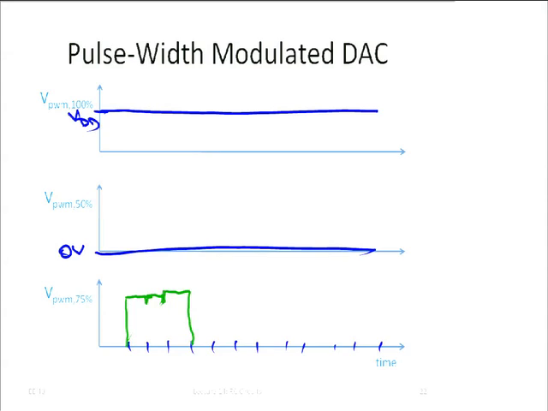And then during 1 clock cycle, we go low. And then during 3 clock cycles, we are high again. During 1, we are low. My clock cycles are not exactly the same length here, but they should be, okay?